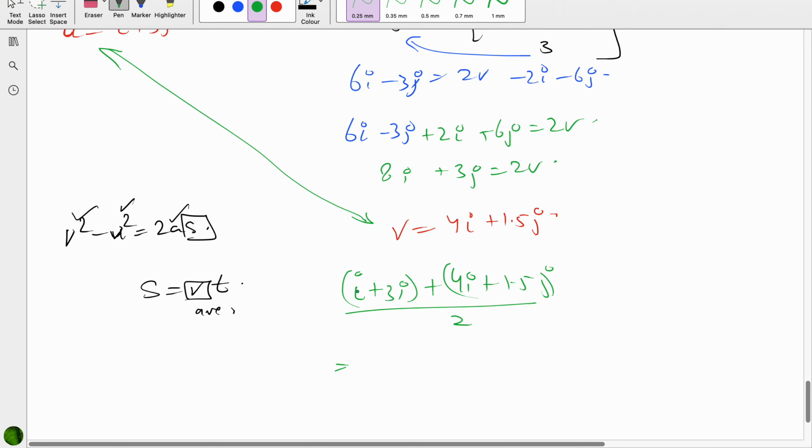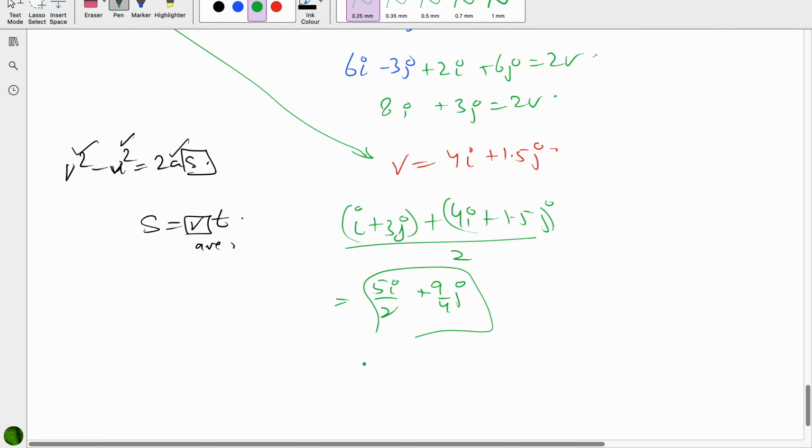So 4 plus 1 is 5i by 2, and 3 plus 1.5 is 4.5. So 4.5 by 2 is 9 by 4j.